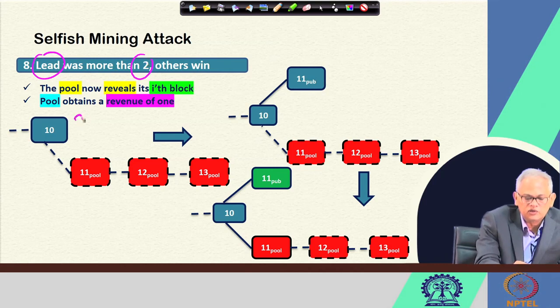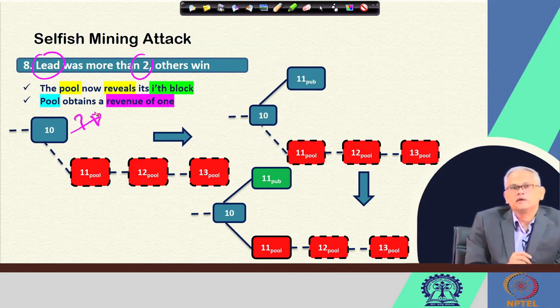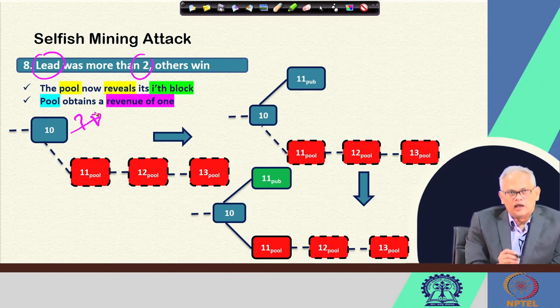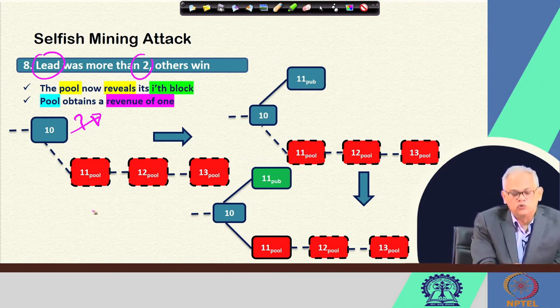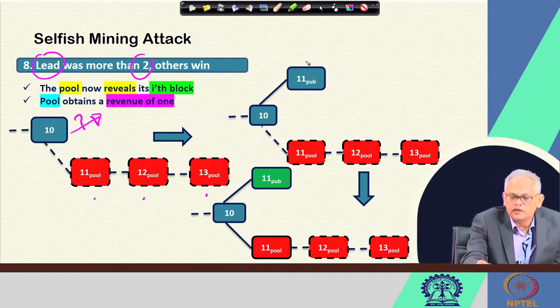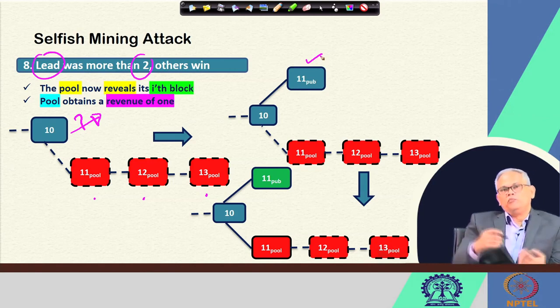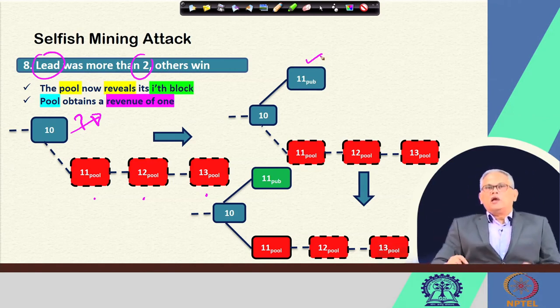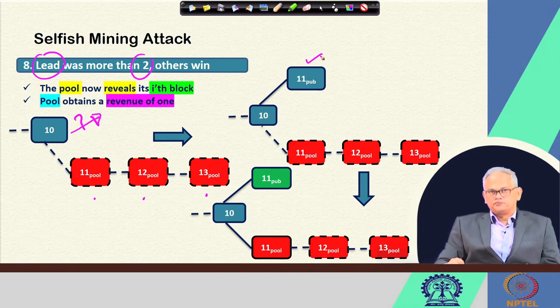There was nothing in the public view and the attacker had more than 2 leads. The attacker already had these 3 and the public had only 0. So the attacker had this lead of 3, and now the public could mine one more and made it available for everybody, which we denote as 11 pub.